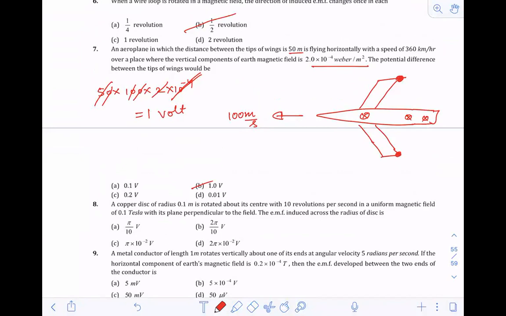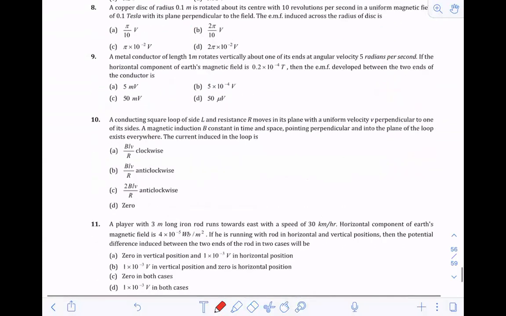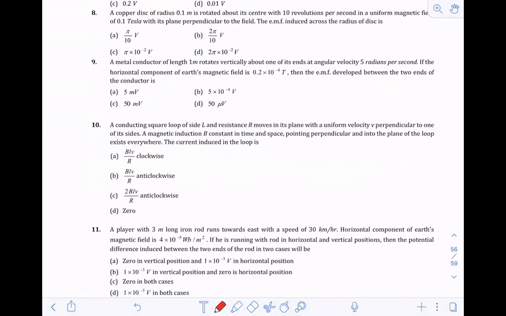Is there anyone who is having any kind of doubt in this? Yes? Okay, fine. Question number 8.